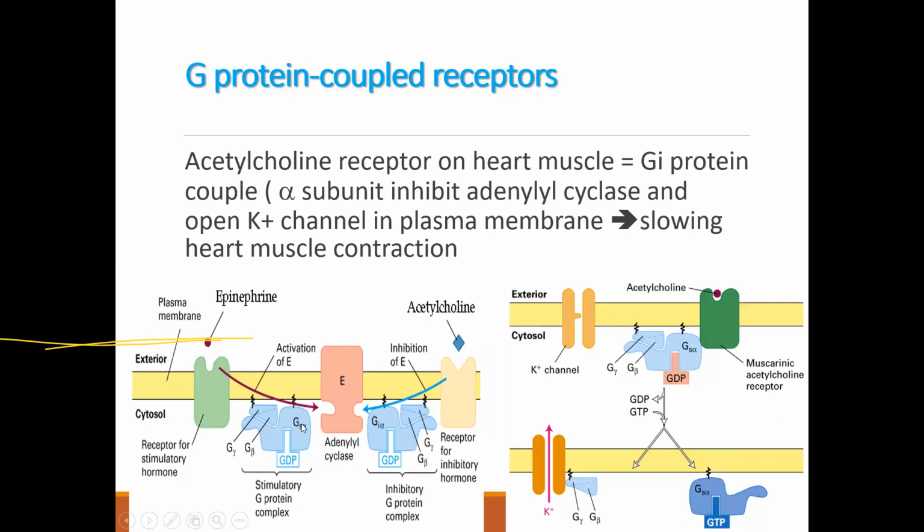The G protein for the epinephrine hormone is the G stimulate, Gs. So after binding of epinephrine to the receptor, there is the activation of the Gs alpha subunit, and it will stimulate the nearby enzyme, adenylyl cyclase. This enzyme, after activation, converts ATP to cyclic AMP, meaning that epinephrine will create an increased concentration of cyclic AMP in the target cell.